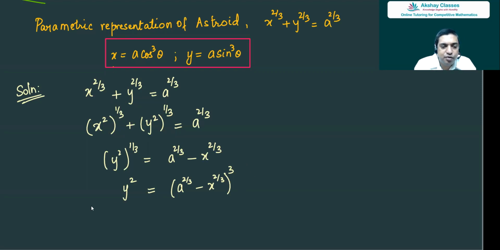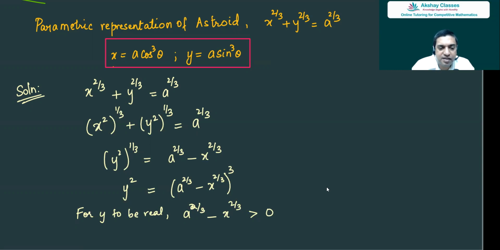Now for y to exist, for y to be real, the right hand side has to be positive, and this is a whole cube. So the sign depends on the inner terms. So a to the power 2 by 3 minus x to the power 2 by 3 has to be greater than 0.